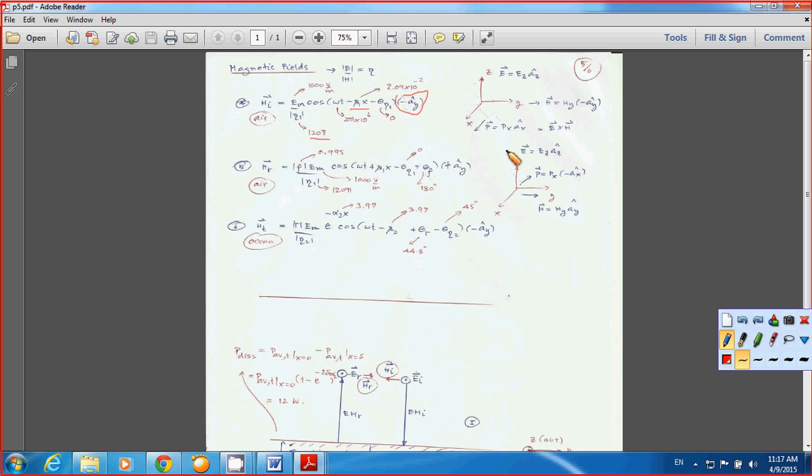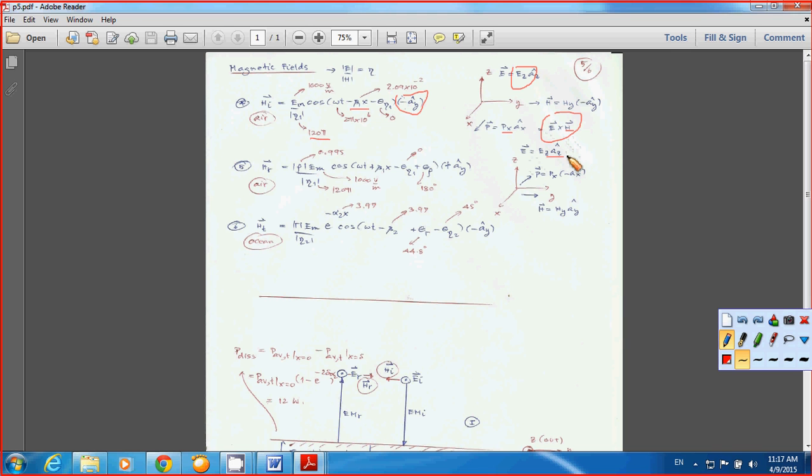Well, from the relation P equal to E cross H, you have the direction of propagation of the electromagnetic wave in the positive x direction. So it means that you can write P in terms of PX AX, and your E has the component AZ.